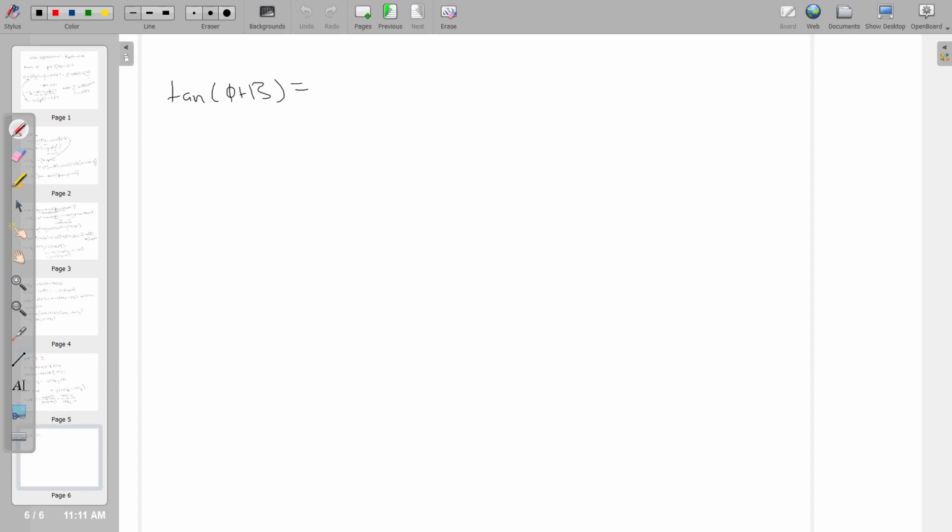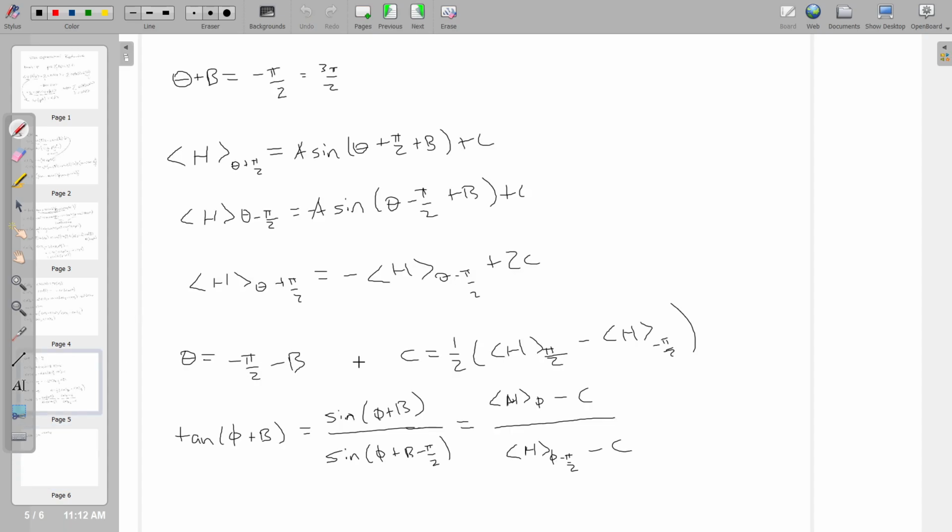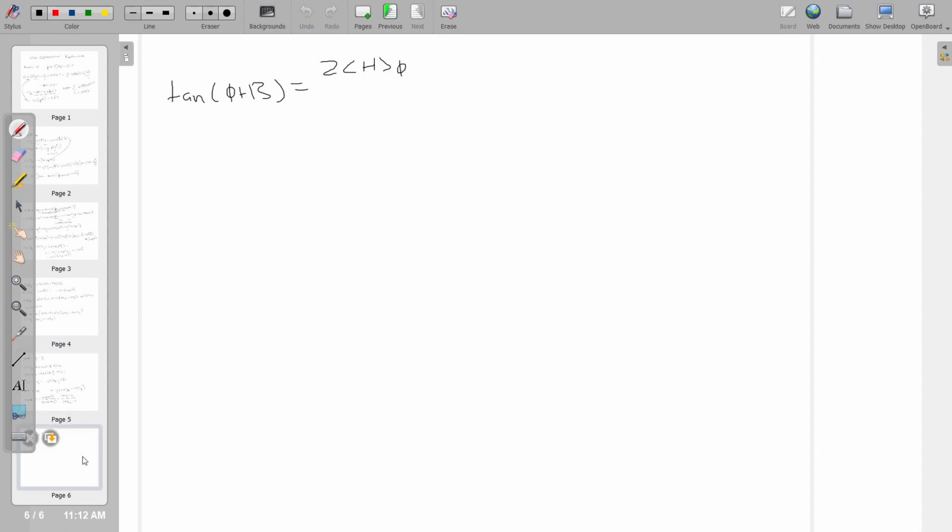And so we can see that applying this out and taking the 1/2 out of both terms, first of all, we can see that this is, so that's the first term of the above. We can see we have this first term up here. We're subtracting c. So we have h theta plus pi over 2 minus h minus pi over 2.